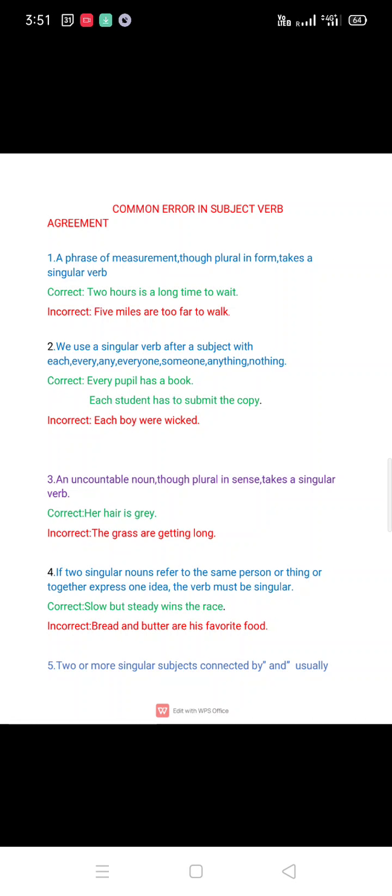That's why here the verb must be singular, wins, right? Similarly, in the incorrect sentence you can see bread and butter are his favorite food. Here bread and butter together express one idea only. So the verb should be is, not are.